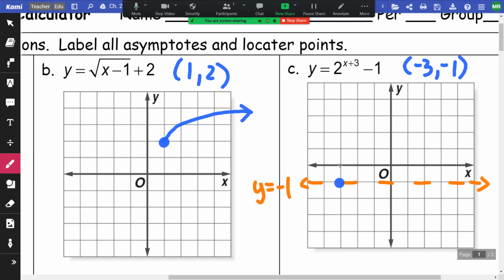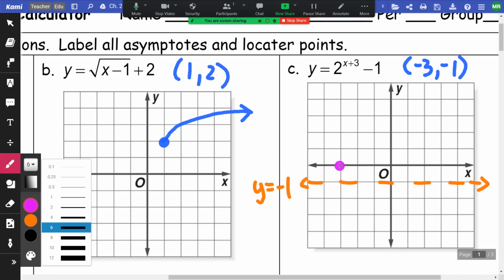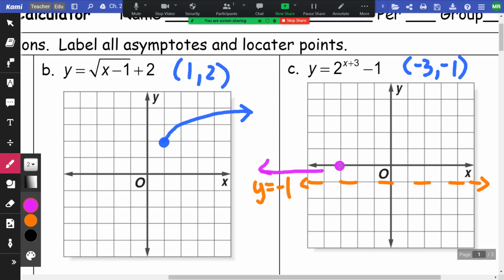I know we didn't get to those ones today. So I'm going to put a point here. And let me actually take away that other point. Okay. And then this is an increasing parabola. I mean, exponential. So it's going to get closer there, and then it's going to go up like this. Again, I'm sketching. I'm not being accurate with the graph, except for the location.